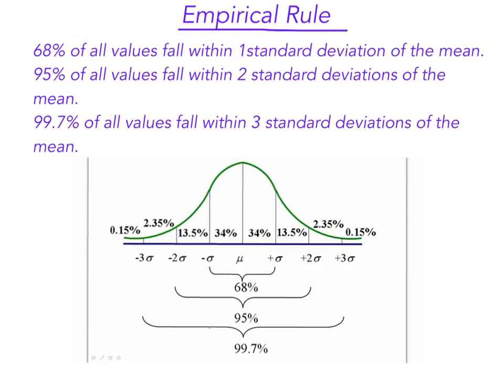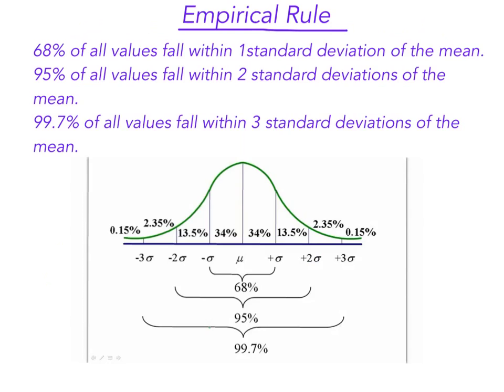And lastly, that about 99.7% of all values in a normal distribution fall within three standard deviations of the mean. So therefore, it would be very rare for any values in a normal distribution to fall outside of three standard deviations of the mean.